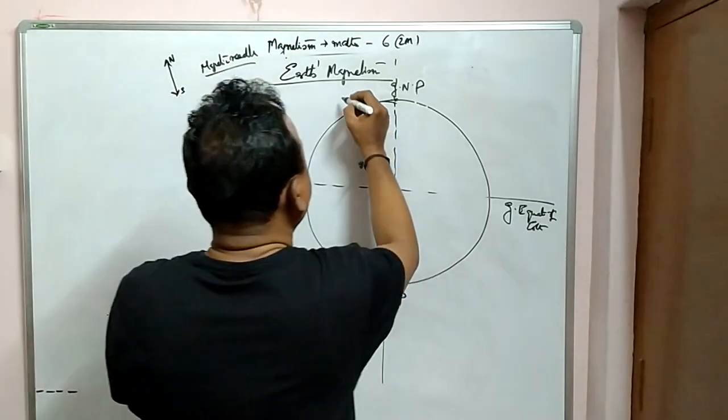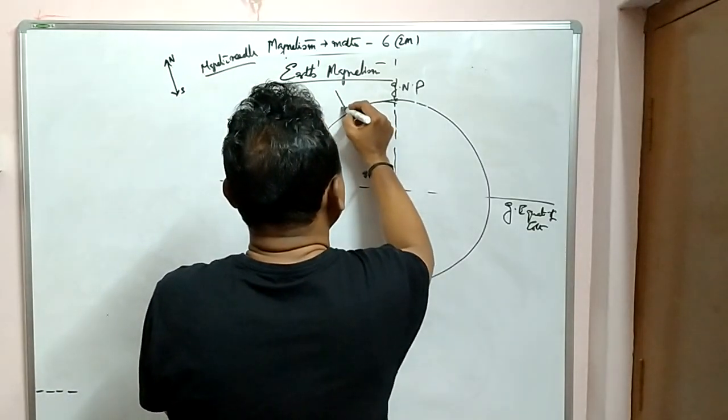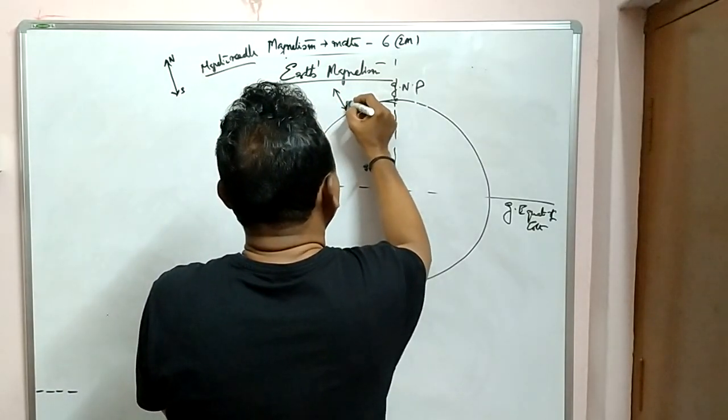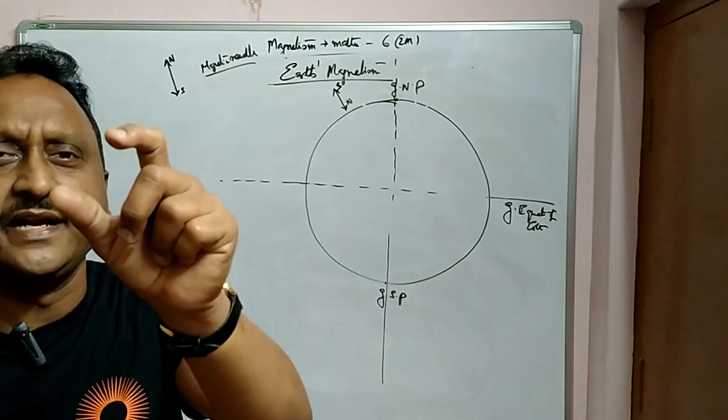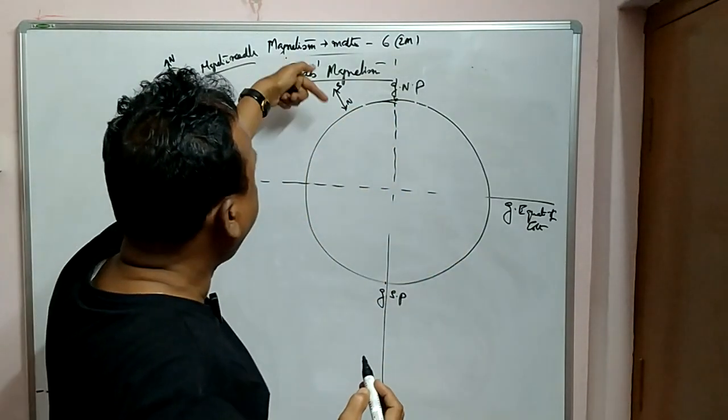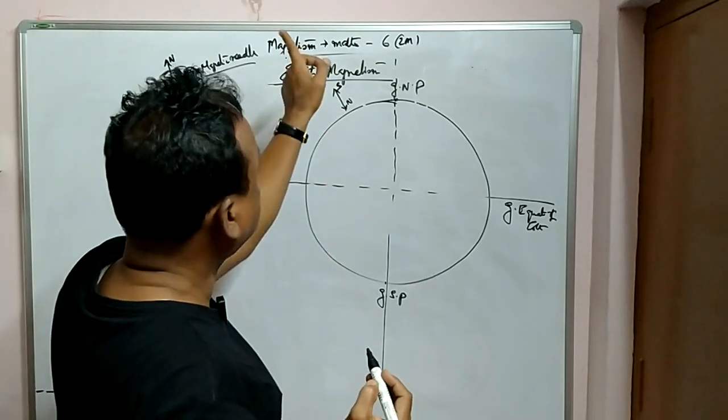What it will do is, the North Pole will point down and the South Pole will point up. Take a magnetic compass, put it anywhere, North Pole is pointing down, South Pole upward.